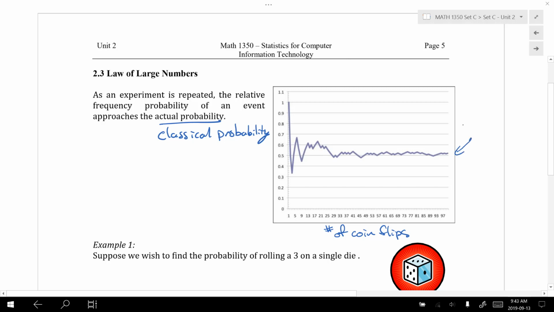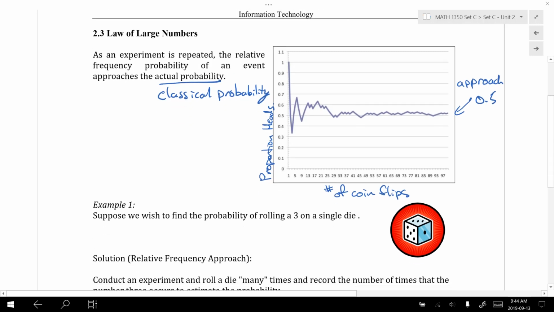Eventually, we're starting to approach .5, which is what we expect.